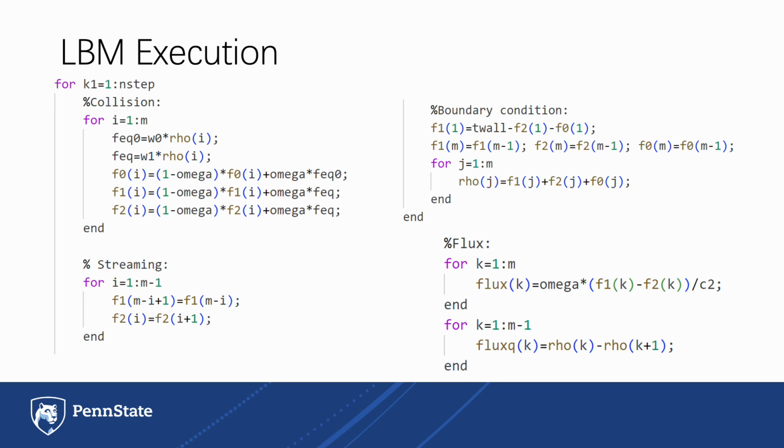In this case, we only have a boundary condition on one side of the 1D slab. We are applying it via the T-wall value, and after this process, we calculate the sum of the distribution functions for each lattice, and we obtain the macroscopic property at that lattice.